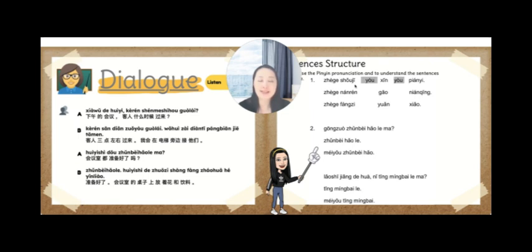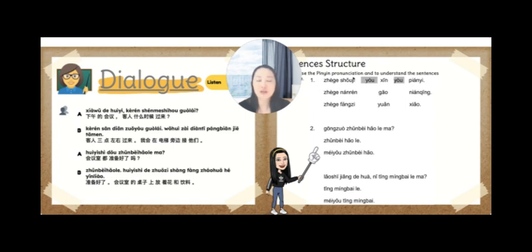这个手机又新又便宜。这个男人又高又年轻。这个房子又远又小。Okay, so please see the sentence pattern first.